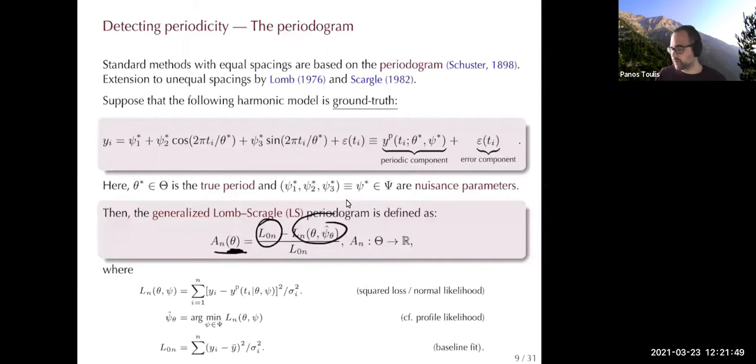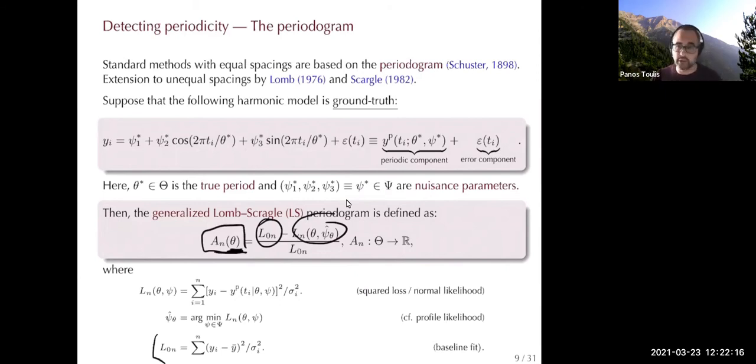This psi star that I'm using is essentially the restricted MLE, assuming that the actual period is equal to theta, and L0n is the baseline fit, the baseline loss. As statisticians, we can look at that and interpret this in many ways. This looks like an F statistic. It's not exactly an F statistic, but it definitely looks like one because we're comparing the residual sum of squares.